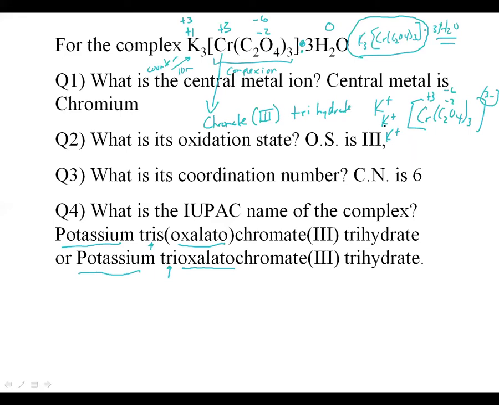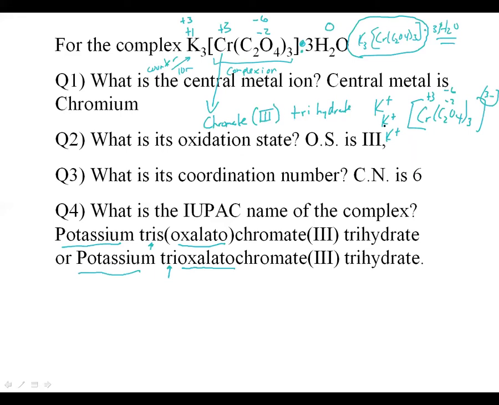It's chromate because, again, of that rule that if the complex ion part is negative, you use the old school name of naming it. So in this case, as you can see on the top right here, the part in the brackets has an overall charge of -3.